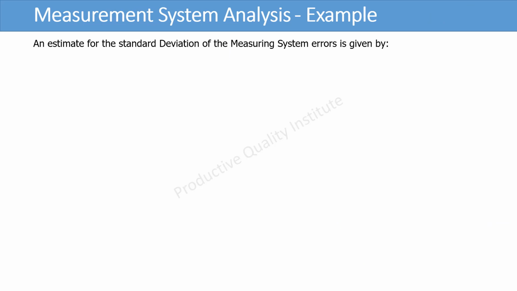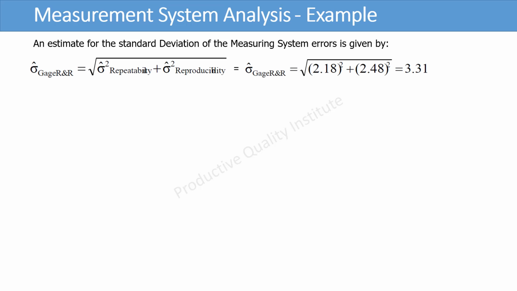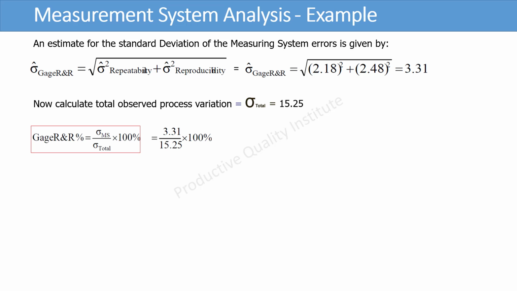An estimate for the standard deviation of the measuring system errors is given by sigma gauge R, which is equal to the square root of the variance of the repeatability plus the variance of the reproducibility, which is equal to 3.31 in our exercise. Now calculate total observed process variation, which is equal to 15.25.